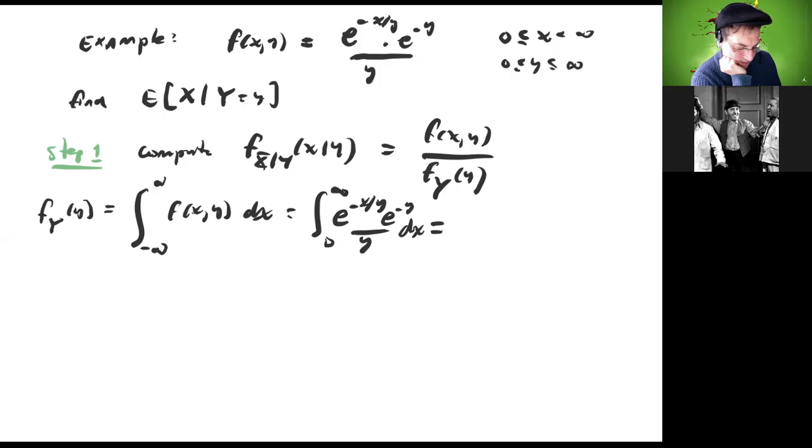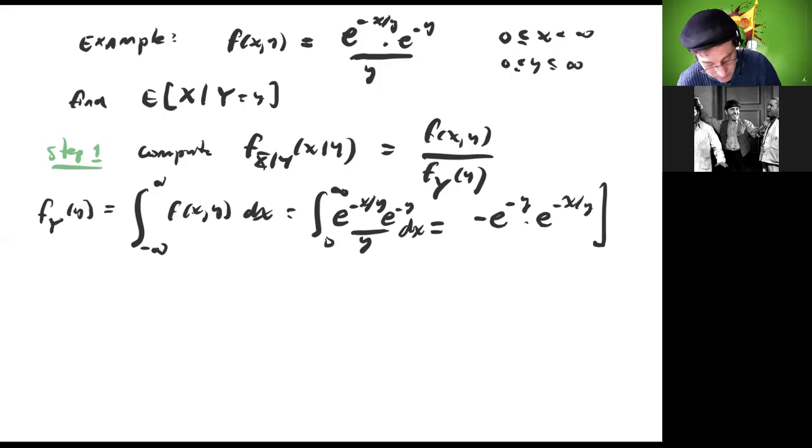If we compute the antiderivative of this integrand, you'll see that you get minus e to the minus y times e to the minus x over y, because its x derivative is precisely the integrand. We evaluate it from x equals 0 to x equals infinity. When we plug in x equals infinity, it vanishes. We plug in x equals 0, we get e to the minus y. So e to the minus y is the marginal density function for y.